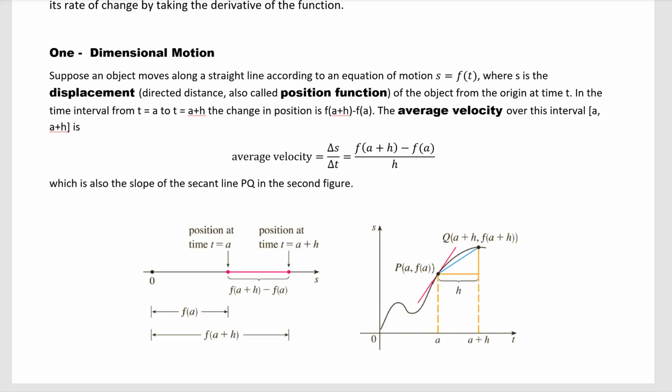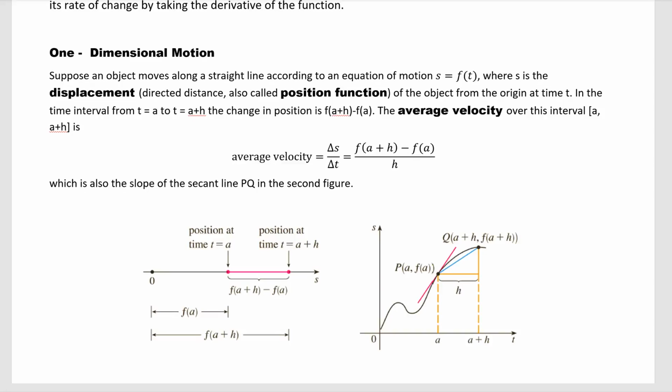So you pick one direction and define it to be positive, and if the object travels, the position is toward that direction, then the distance is positive. Otherwise, if it's in the opposite direction, then the position function is negative.